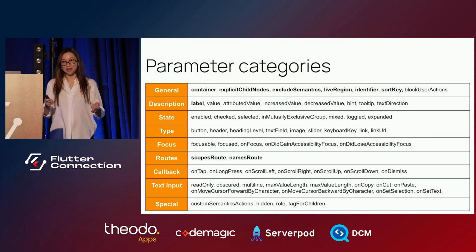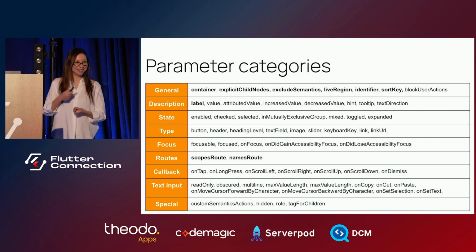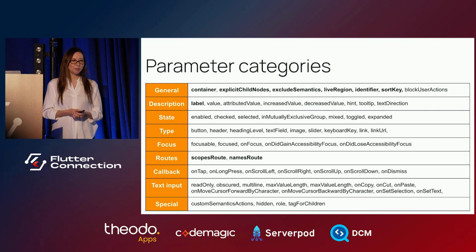I have created some parameter categories. They are not official, it's just my thing, because I like to categorize stuff sometimes. I made a general category for basic stuff that didn't fit into any other more specialized parameters.